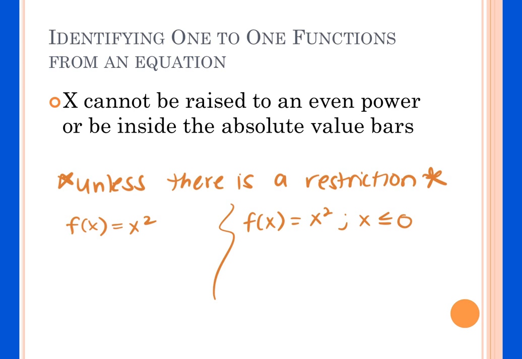So this is what I mean. If on the left-hand side, it just said f of x equals x squared, is that 1 to 1? No, so it doesn't have an inverse. On the right side, it's f of x is x squared, where x is less than or equal to 0. Is that 1 to 1? Yes, it's restricting it to just half of that curve. So it would pass your horizontal line test.